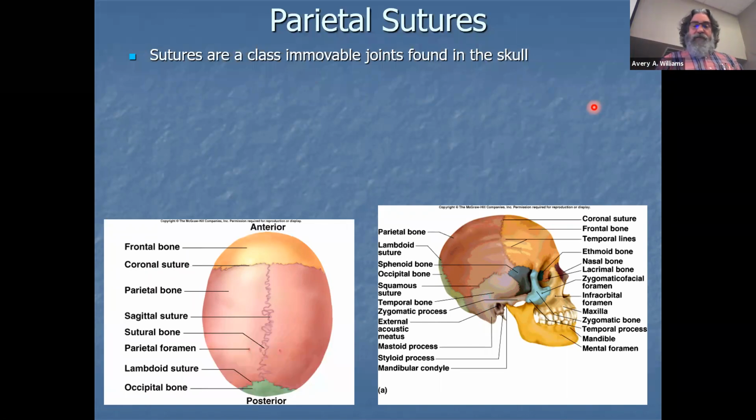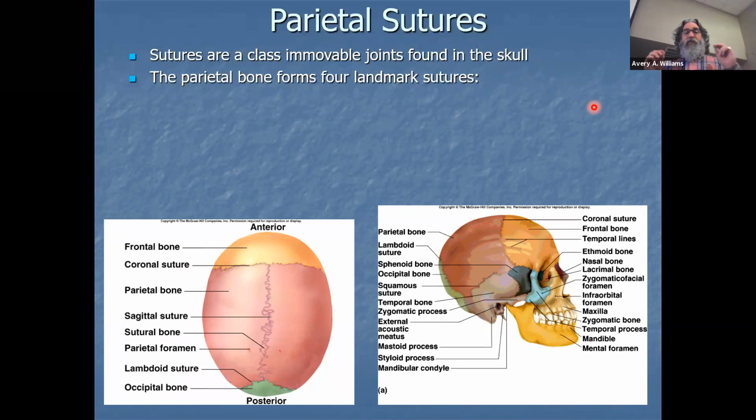And there are some landmark sutures that we identify, particularly the parietal sutures, which form 4 landmark sutures. Because if you look at the parietal bone, here's the right one. It looks like a big square, or a quadrilateral, with 4 sides: 1, 2, 3, 4.